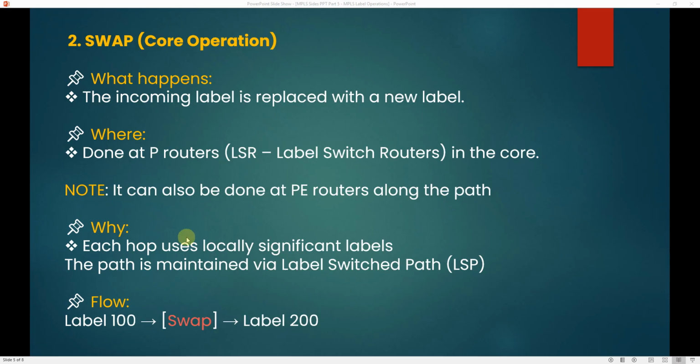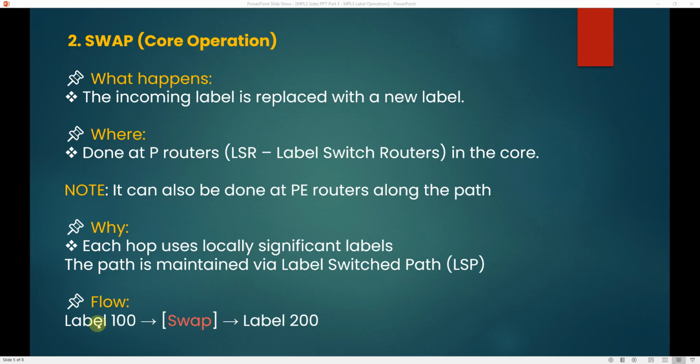So swapping happens at PE and P routers, as I said, and each hop uses locally significant labels, and the path is maintained via the label switched path, LSP. I have a diagram that will show you exactly how that happens inside our MPLS environment.